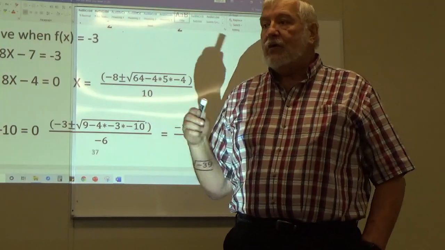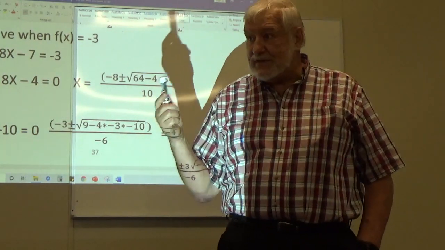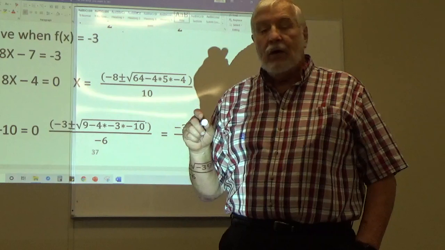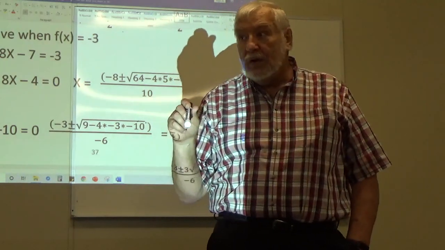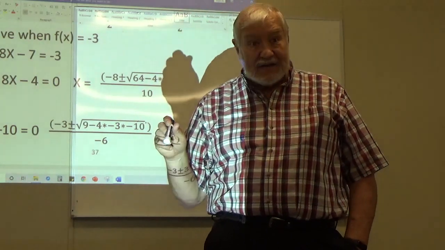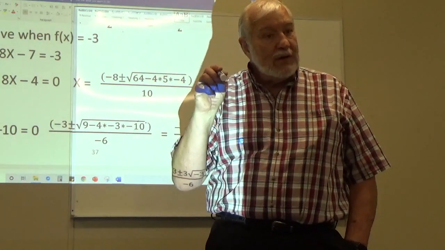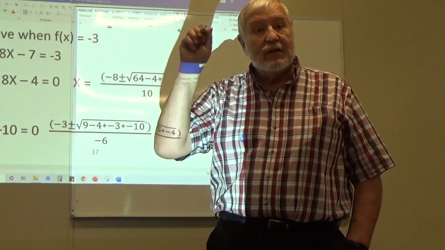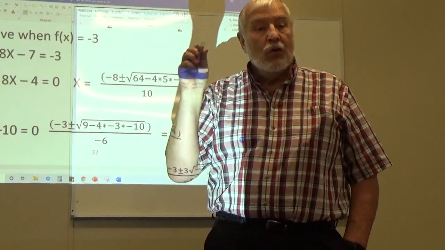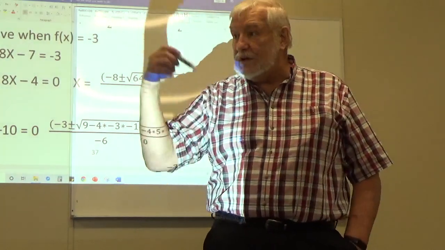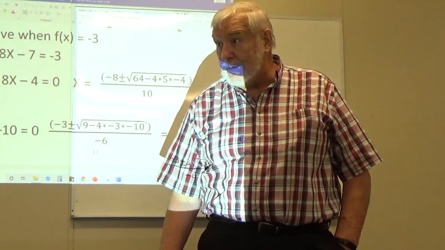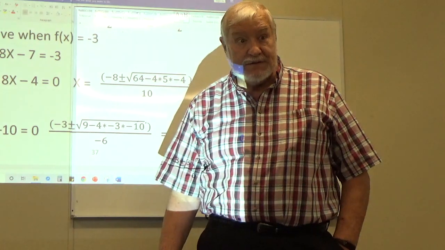Now, you can do that by substitution, or you can store negative 3 to x, and then when you put that function into the main screen of the calculator with x already at negative 3, it's going to give you the value of y. All right, does that make sense?